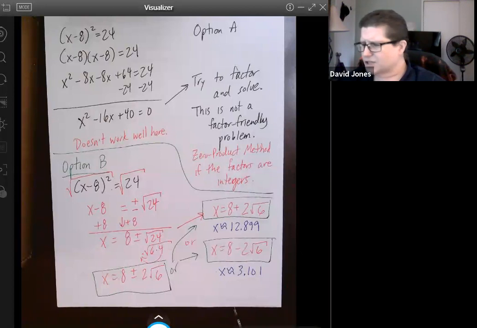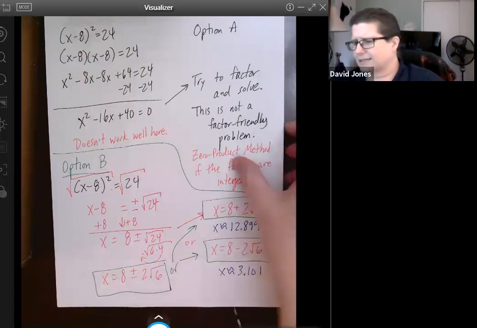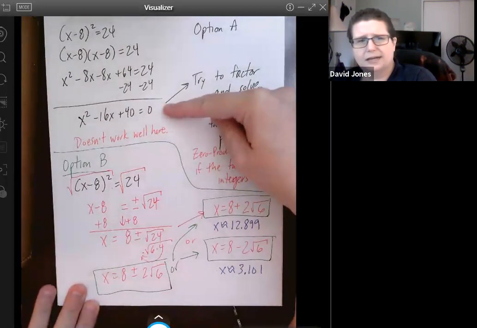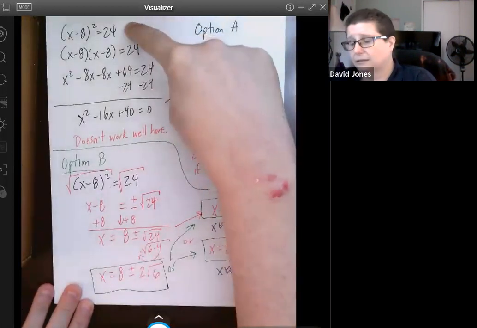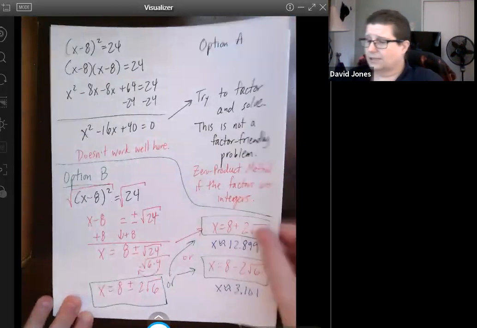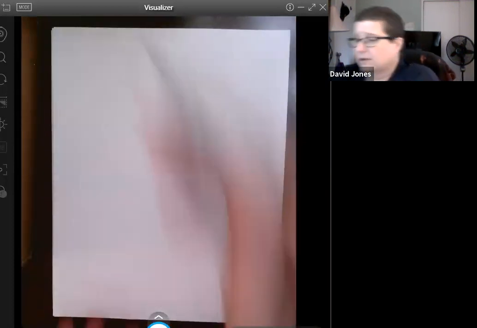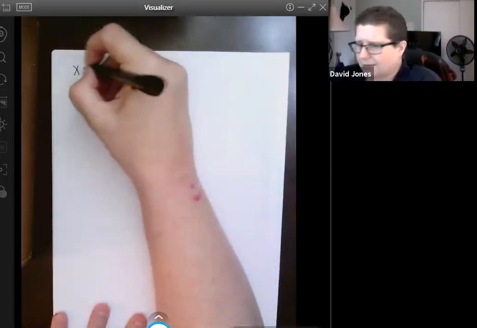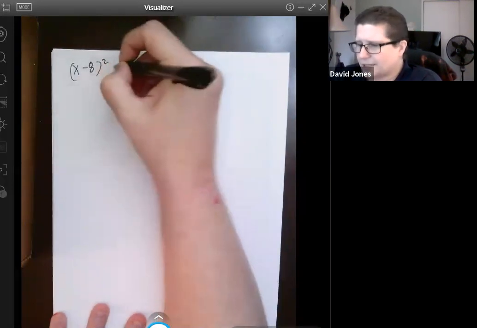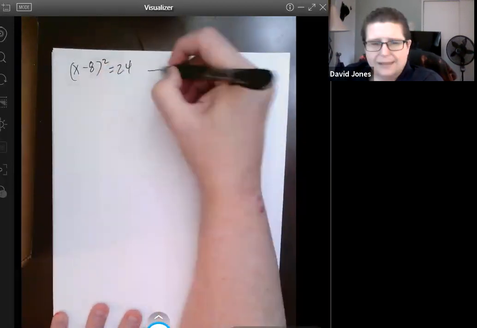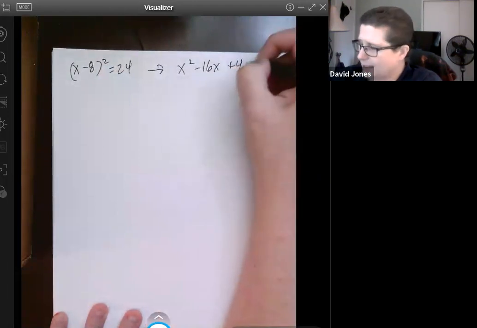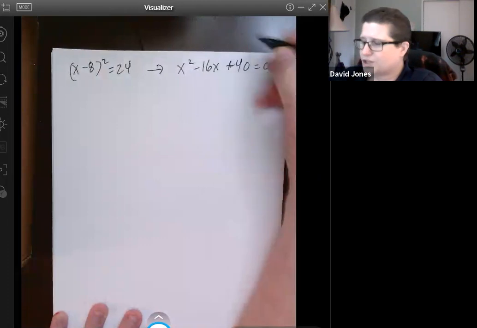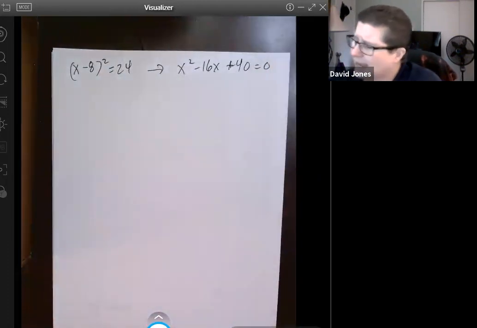So what if I had started with x squared minus 16x plus 40? What if I had started here? How can I get it to where it looks like that? Let's talk about that. We had, I'm going to rewrite that, x minus 8 squared equals 24. That led to x squared minus 16x plus 40 equals 0, which doesn't factor well.